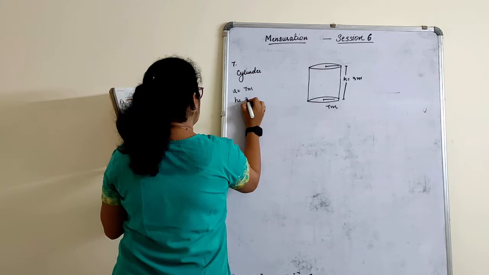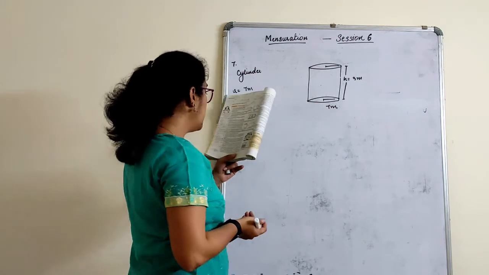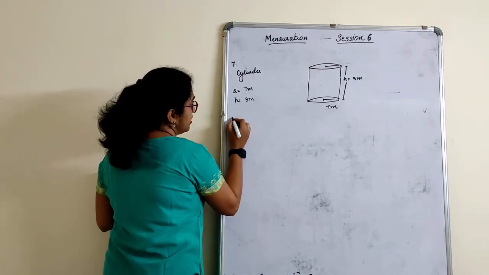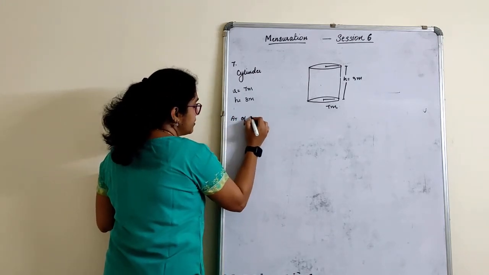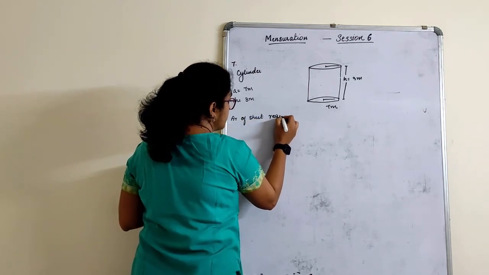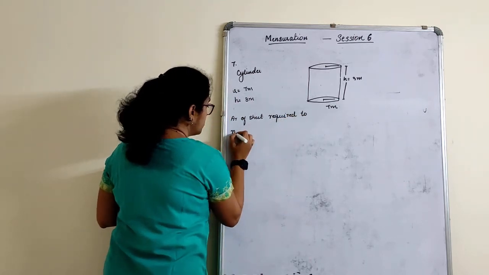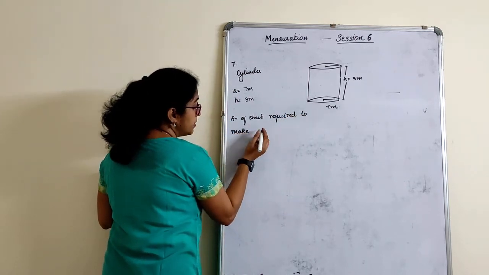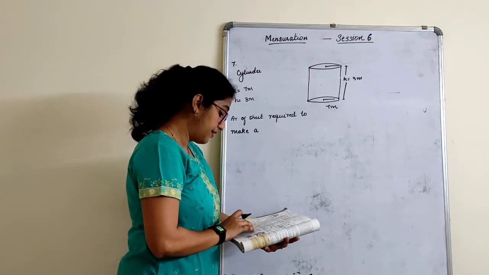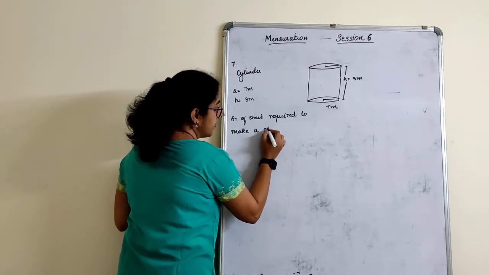It is made from a sheet of metal. How much sheet of metal is required? So, area of sheet required to make a closed cylindrical tank, see here what they have given.